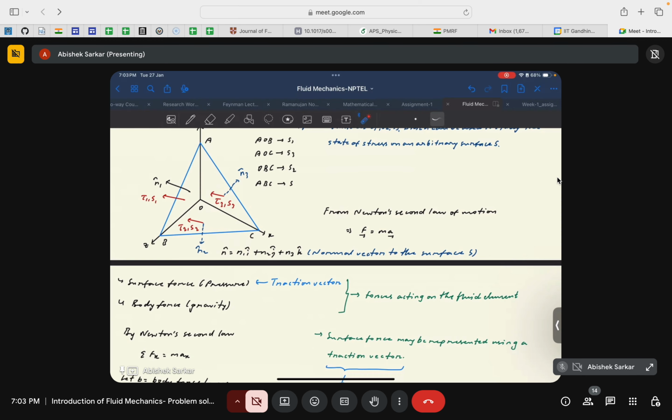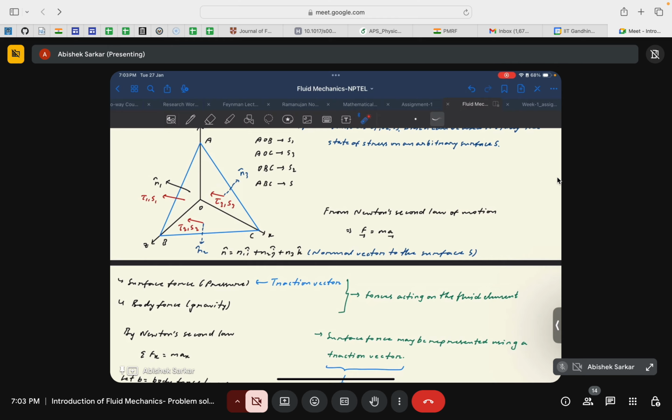Since we'll eventually see that the stress components, the shear stress components or even normal stresses that act on the fluid, are dependent on these velocity gradients, and this velocity is dependent on the body force that acts, in this case gravity, you can say that the body force might affect the surface force.